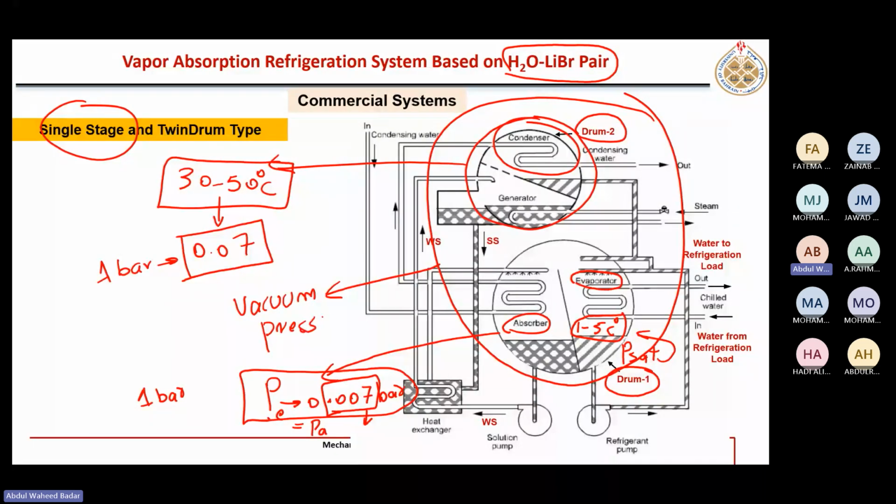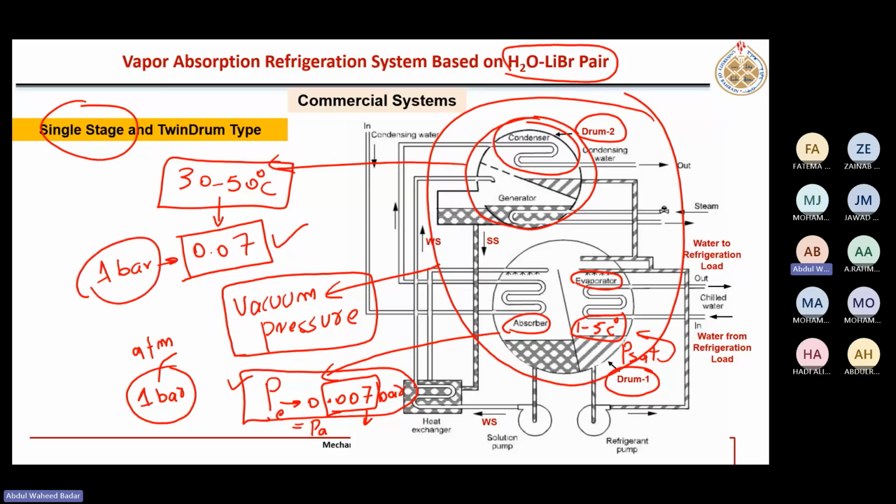This is the major challenge in these systems, because we have to maintain pressure much lower than normal atmospheric pressure. Only then can this system operate. Inside the system we have very low pressure, and outside it is 1 bar, so there is always a possibility of air leakage into the system.